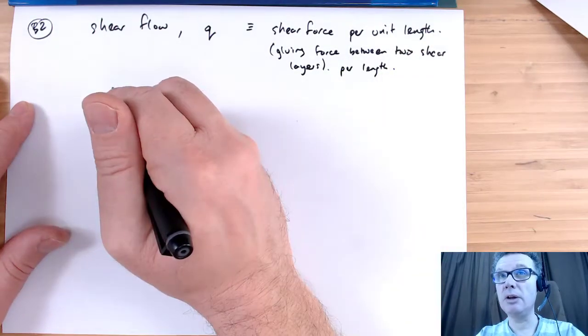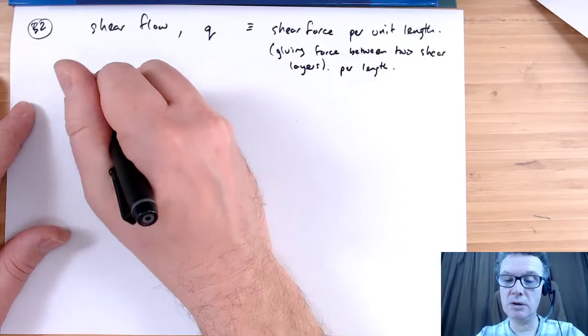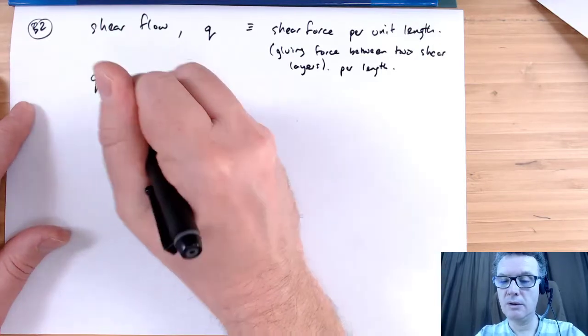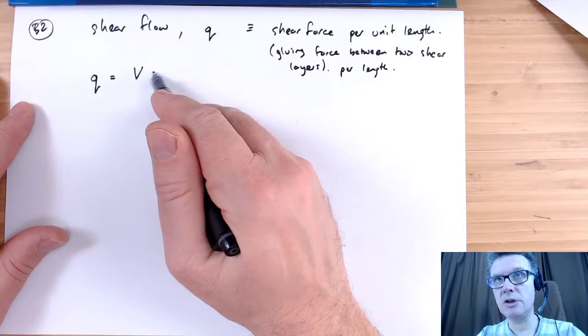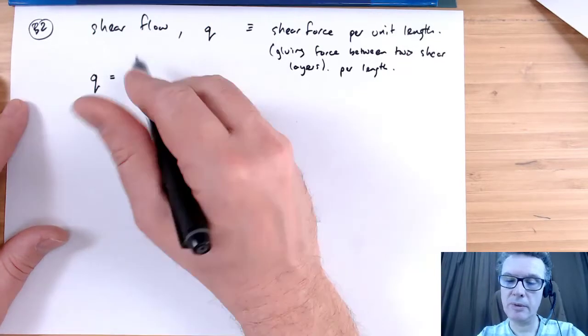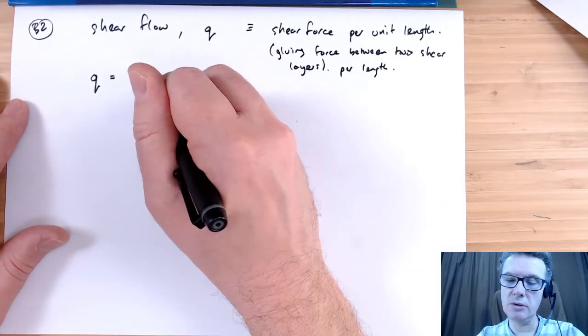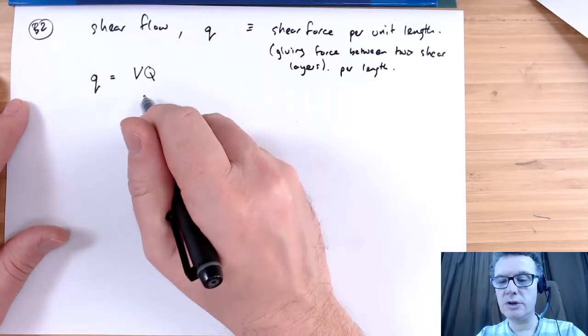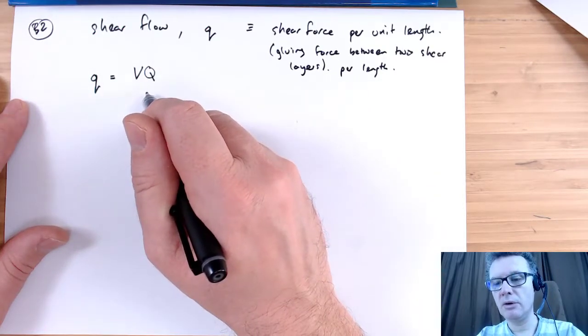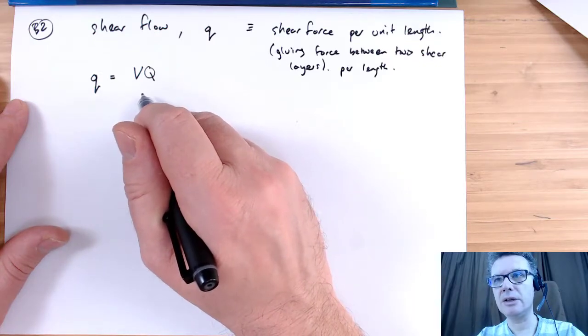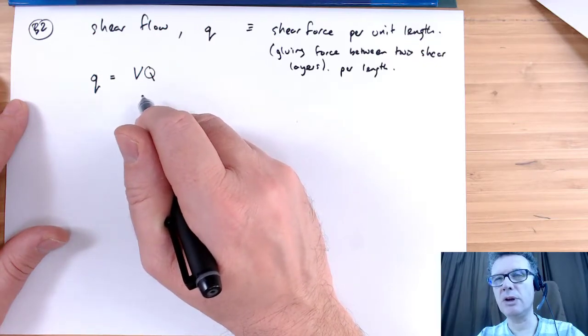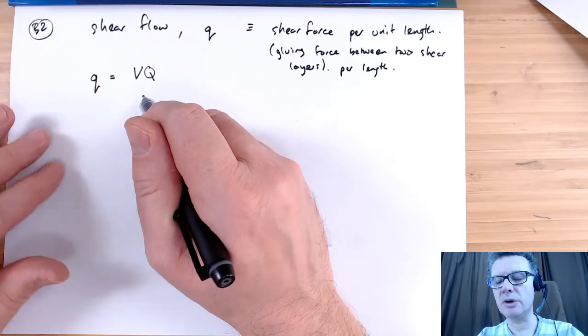You'll find it by using the formula V, which is the shear force you'll get from your shear force diagram, times Q, which is the first moment of area, where the area you're looking at will typically be the area above the neutral axis.